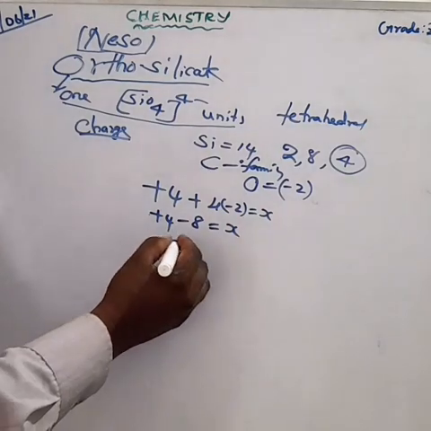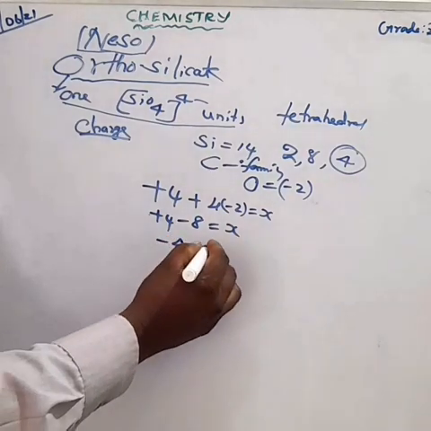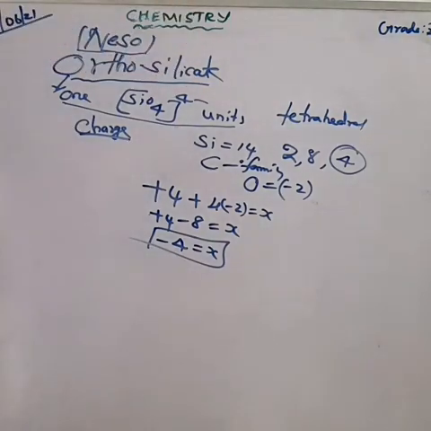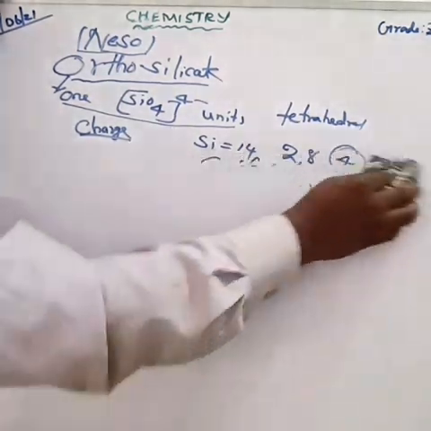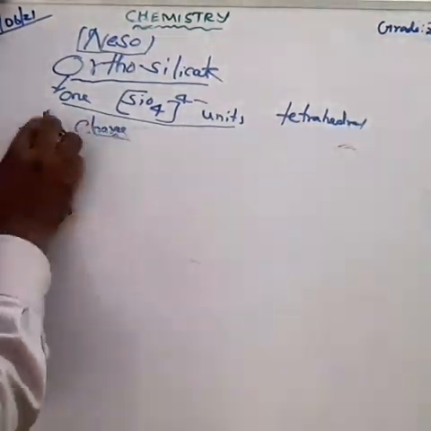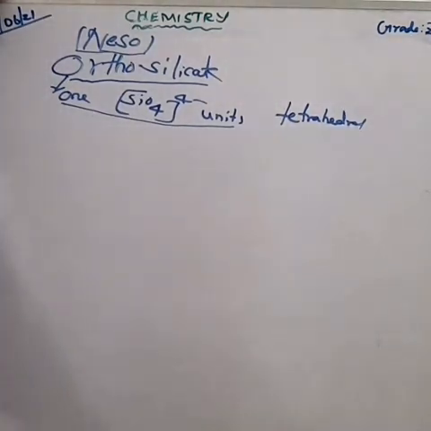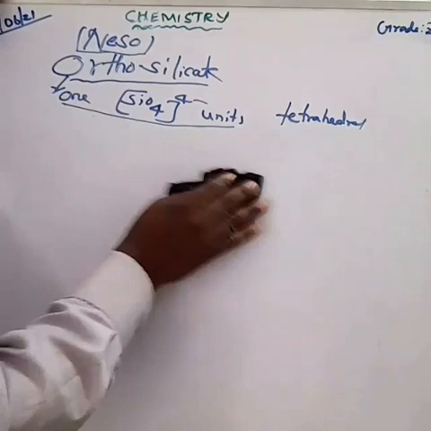We get minus 4. So what is the charge here? Minus 4. So SiO4 4 minus. Here, in orthosilicate, that O refers to it containing only one SiO4 4 minus unit.